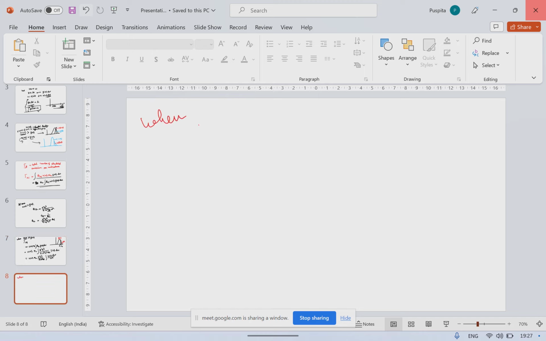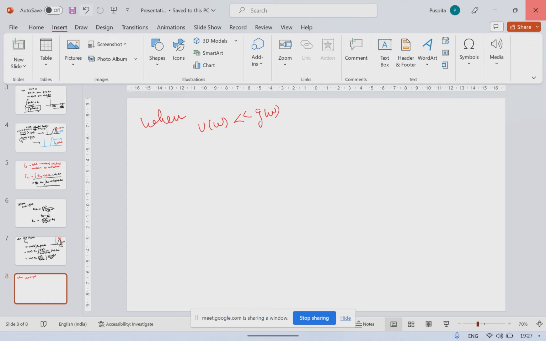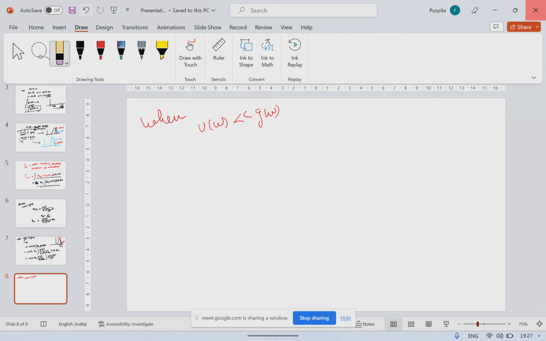And when U omega is narrower than G omega, then the same concept, that this is G omega, to demonstrate that G omega and U omega are different.